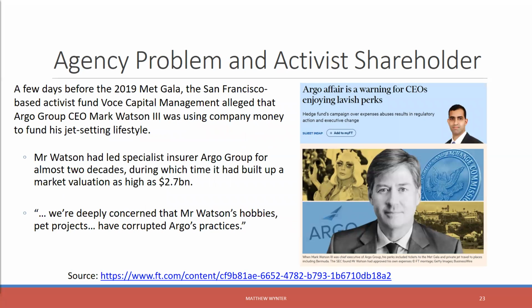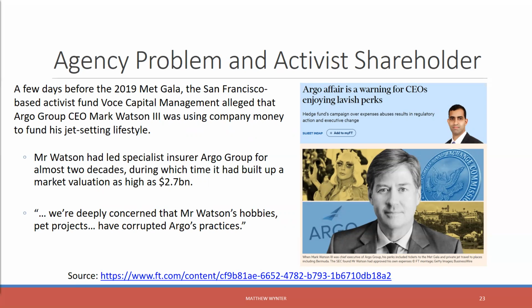Here's an example of an activist shareholder. A few days before the 2019 Met Gala, the San Francisco-based activist fund Voss Capital Management alleged that Argo Group CEO Mark Watson III was using company money to fund his jet-setting lifestyle.